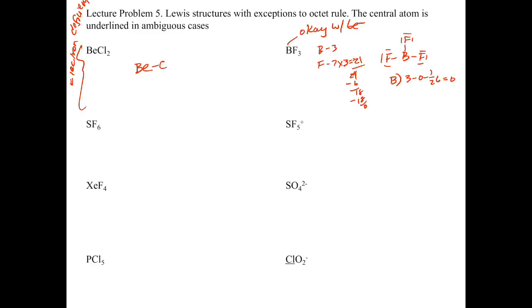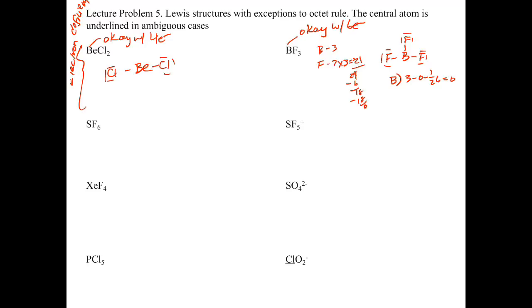So when you do beryllium, beryllium chloride is going to look like this. Beryllium is perfectly happy with just 4 electrons because, again, when you do formal charge on the beryllium, this is going to give a 0 formal charge.